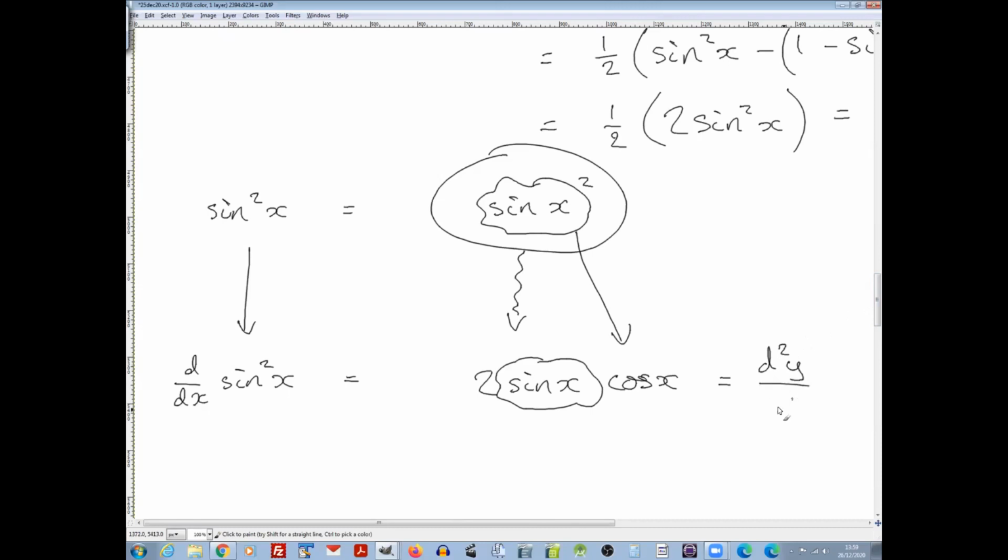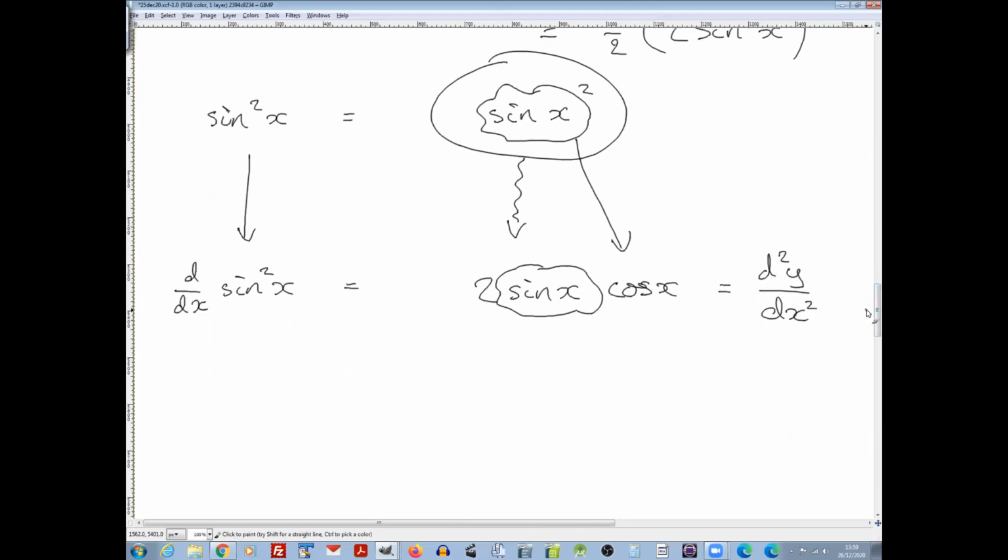It's d squared y over dx squared, we write it. Don't worry about the squaring. Don't take that literally. It's just saying second derivative. Just like dy dx says the first derivative. Right. Okay. So we're going to set that to 0. Yeah, I think so. Where should we go from there?